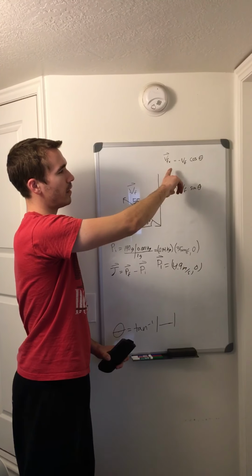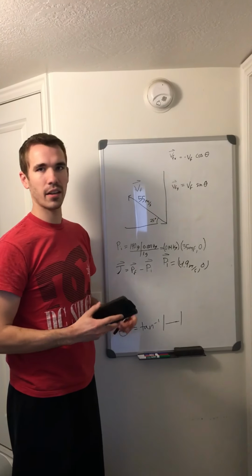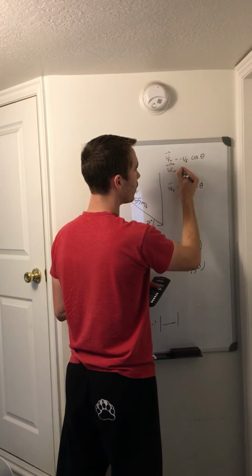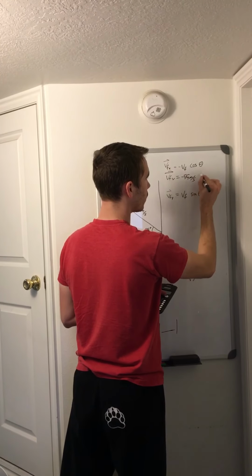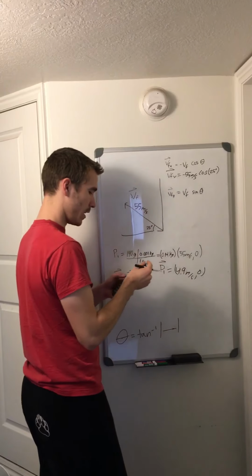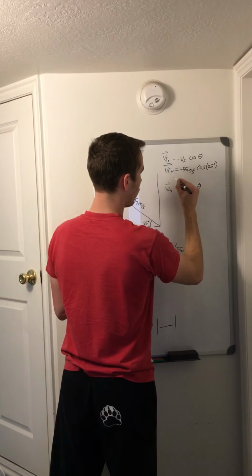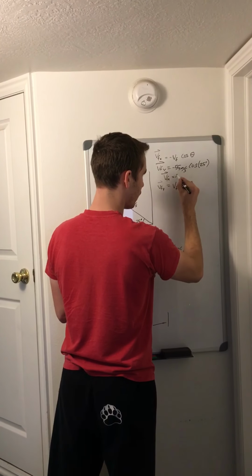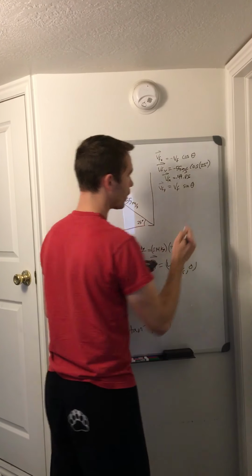Our final velocity x component equals the negative final velocity times the cosine of our angle, which if we enter in our information, we get negative 55 meters per second times cosine 25, which will basically give us an x component of negative 49.85, and that's for our x component.